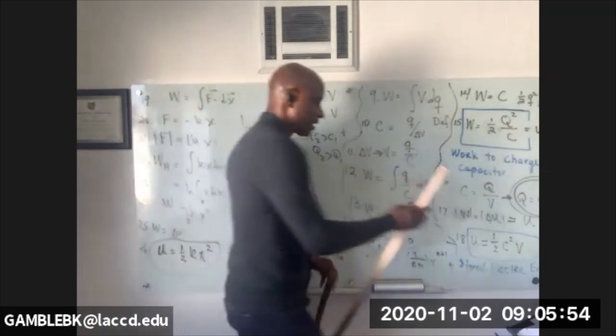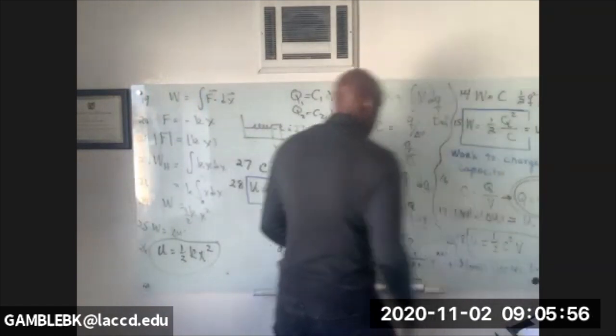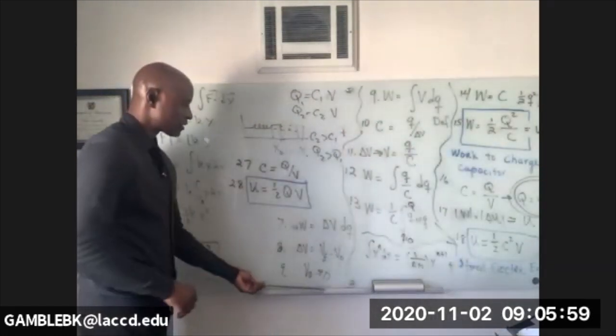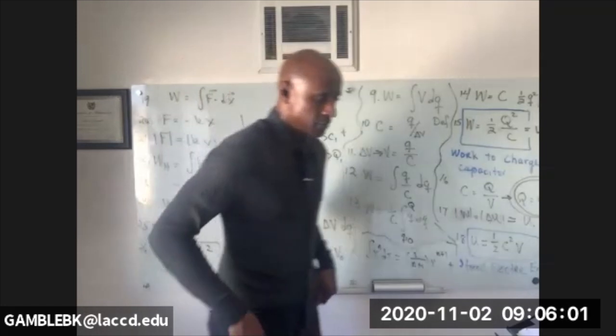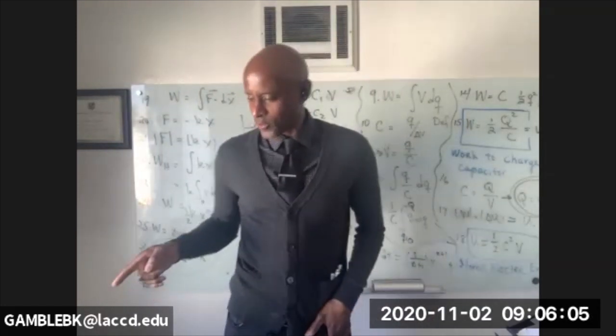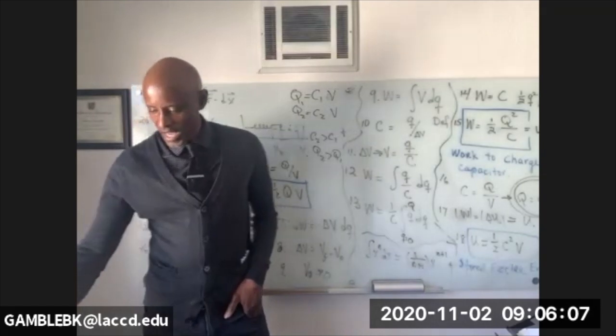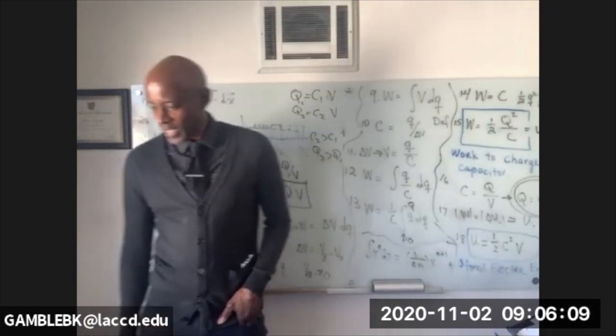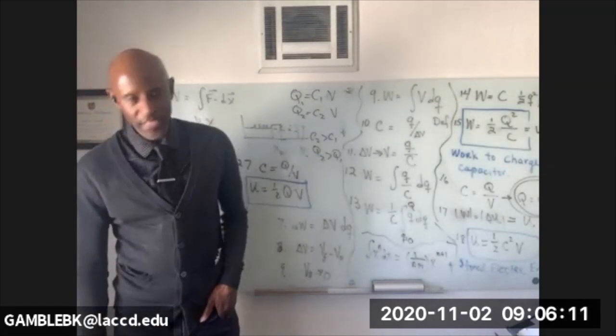So that's it. Those are all the different interpretations of what these equations mean. I hope that makes sense. I actually don't think Halliday and Resnick do a great job of explaining that. They do a good job of going through the integral, but I'm not sure they do as good a job explaining this.